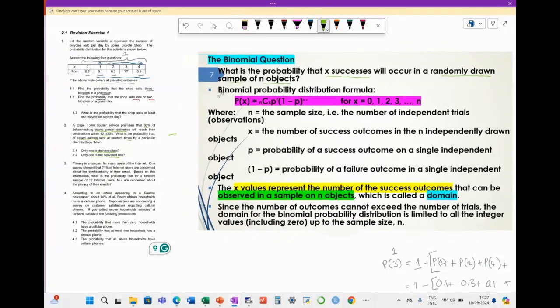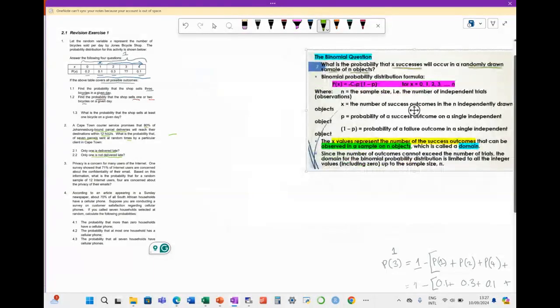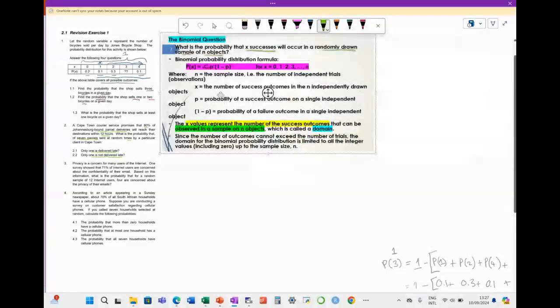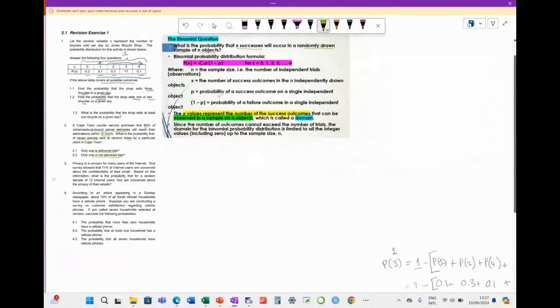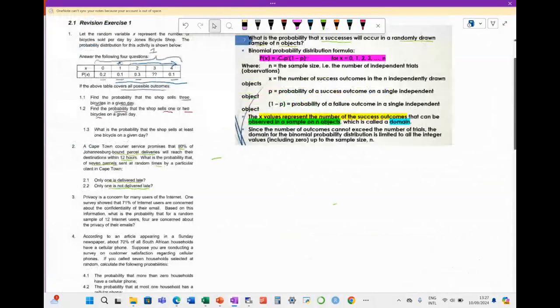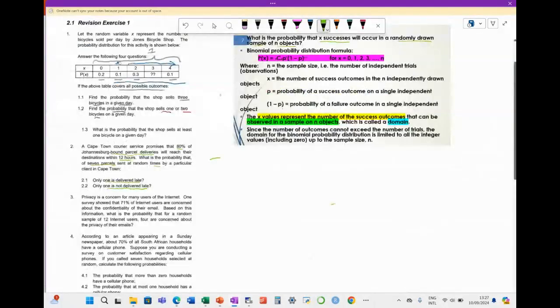Anyway, let me just make that a bit smaller. So now we're asking ourselves, okay, we now know this is what we need to use. I want to make that smaller so we can take advantage of the space below. Okay, so here now, n is the sample size, the number of independent trials. x is the number of success outcomes.